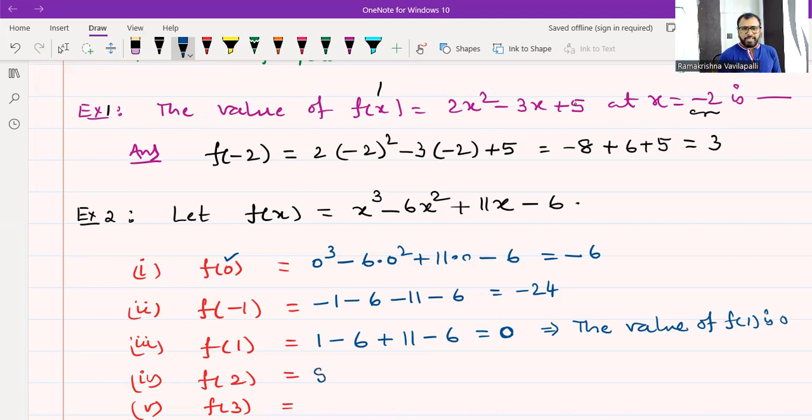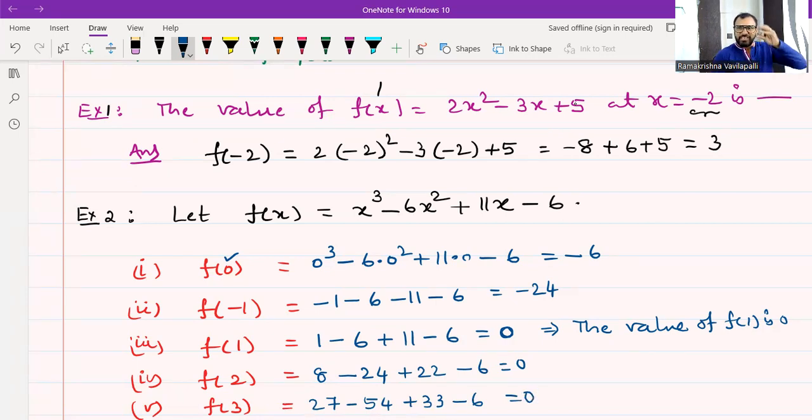You will have 8 minus 24 plus 22 minus 6 equal to. This is 30, 30 is 0. What is f of 3? This is 27 minus 54 plus 33 minus 6 equal to. This is 60 and this is also 60 equal to 0.